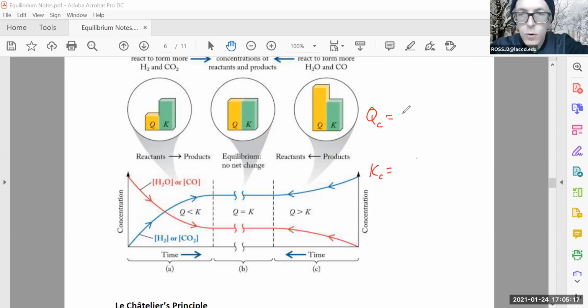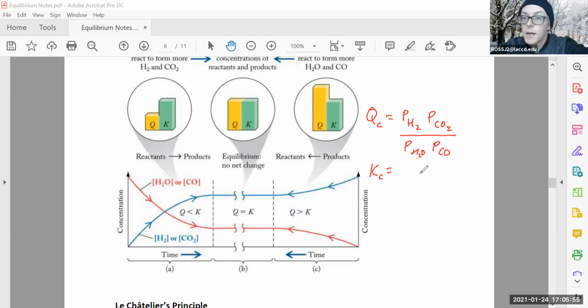Okay, so the expression is the partial pressure of hydrogen gas multiplied by the partial pressure of CO2 gas, divided by the partial pressure of water gas and the partial pressure of CO gas.